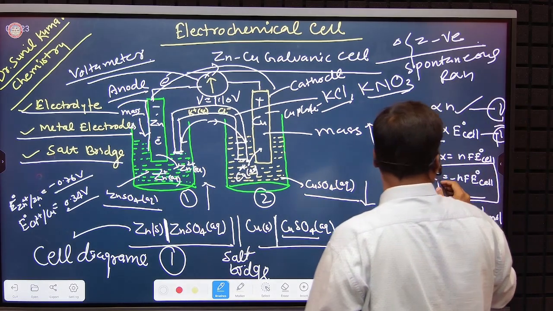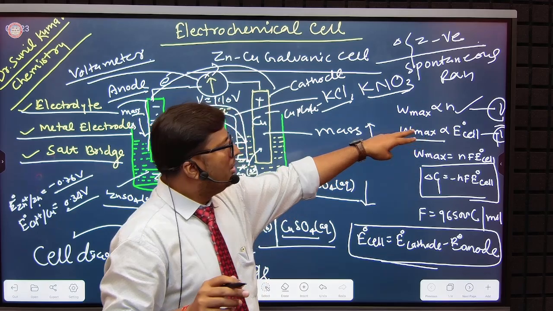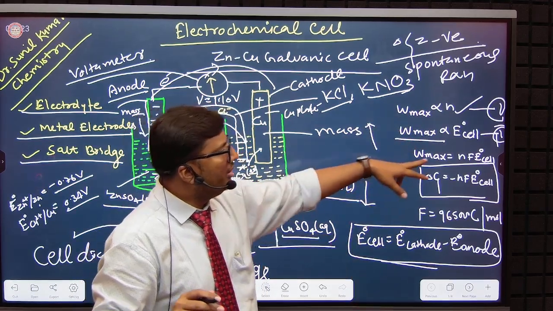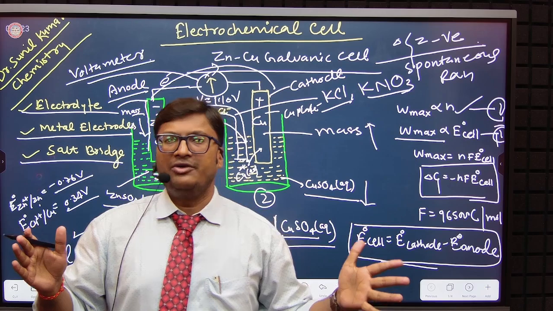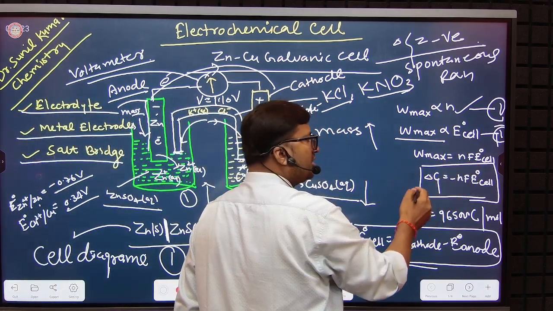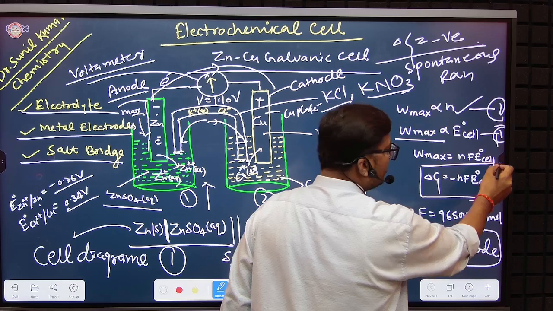Here we have replaced the proportionality symbol with the constant F. What is F called? This F is called the Faraday constant. So W max is equal to nFE0 cell.